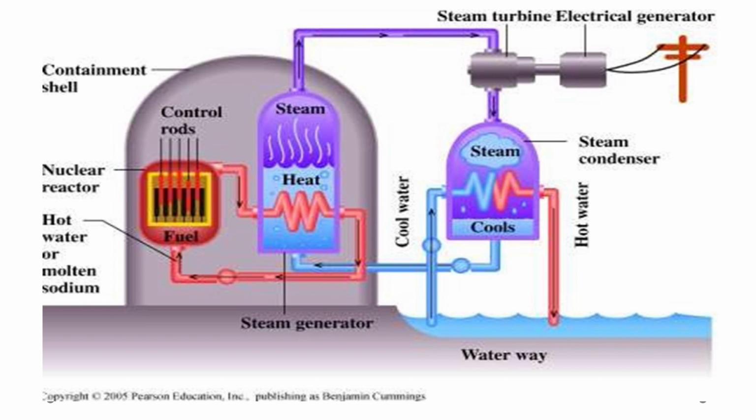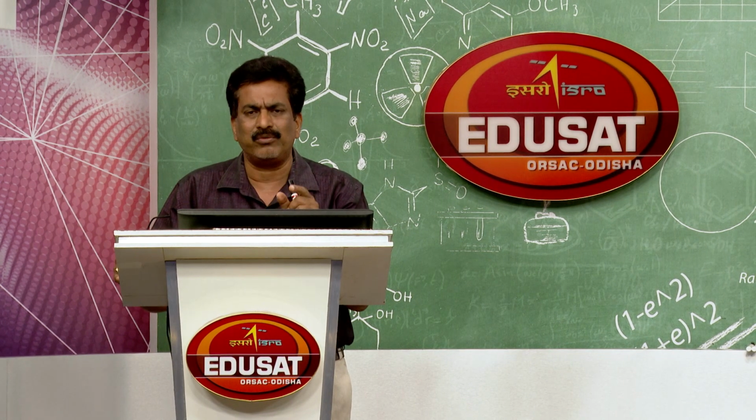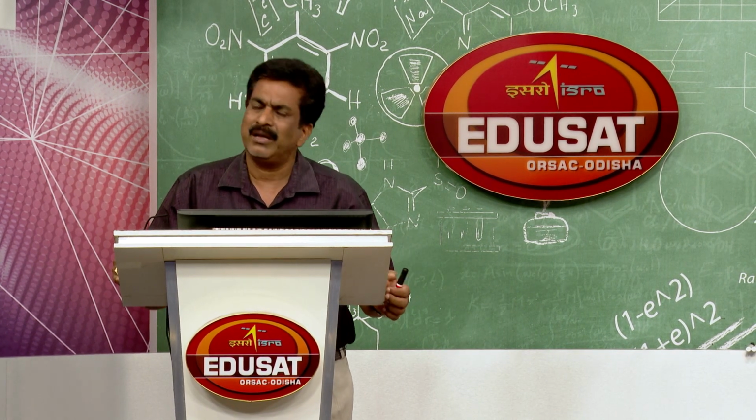That steam will pass through the turbine, and that turbine is connected with the AC generator with the implementation of a magnetic field. And when that turbine rotates, it will generate energy, and the amount of energy received in our Bharat is only 3.33% of that. And this is one vivid explanation about the nuclear reactor.